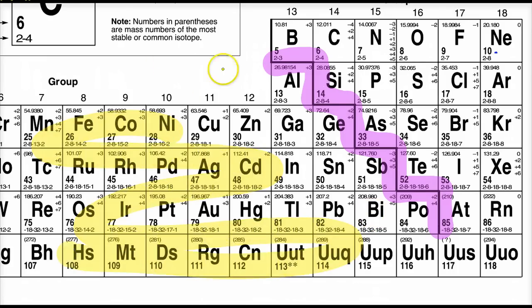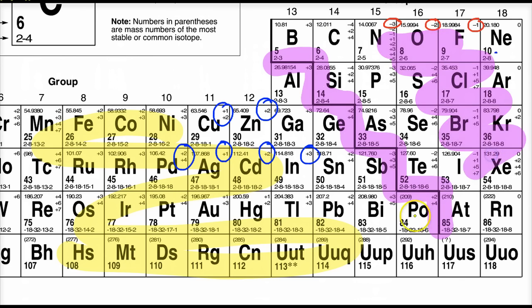How do I know? They all become positively charged by losing electrons. They lose them to the elements that get negative by gaining them, and these are the nonmetals. Okay, so that's very important that you understand that.